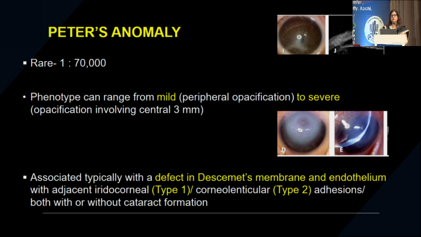So now coming to Peters anomaly, it is rare, and the phenotype can range from mild corneal peripheral opacity to severe opacification involving the central 3 millimeter. So basically it is associated with a typical defect in the Descemet's membrane and endothelium with adjacent either iridocorneal or corneolenticular adhesions.